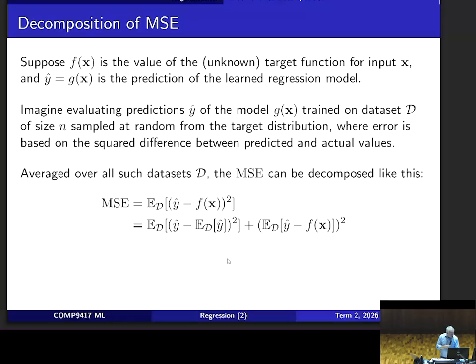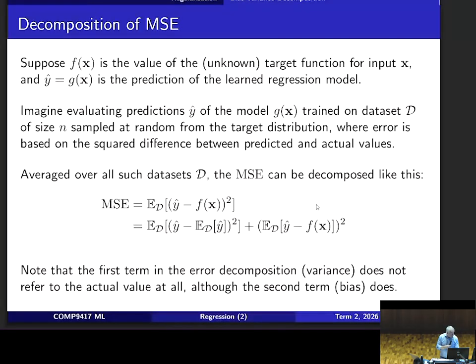So the second term is the bias. This is a systematic error between the estimates that are being made and the true hidden value, the label of the data, which is f of x.